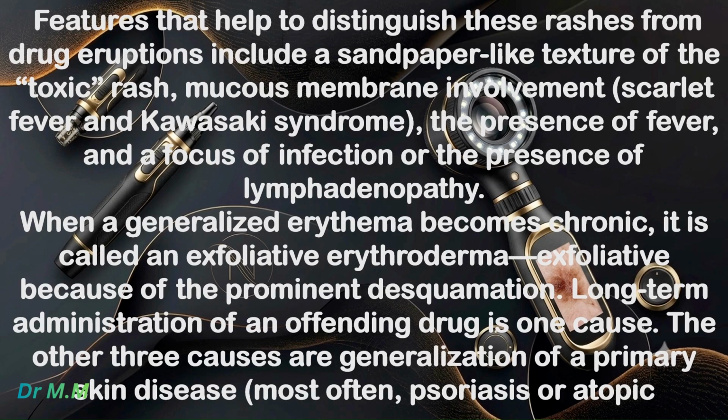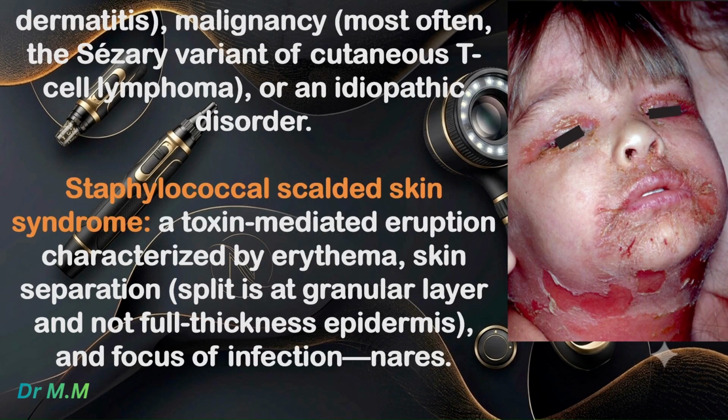Long-term administration of an offending drug is one cause. The other three causes are generalization of a primary skin disease, most often psoriasis or atopic dermatitis, malignancy, most often the Sézary variant of cutaneous T-cell lymphoma, or an idiopathic disorder.